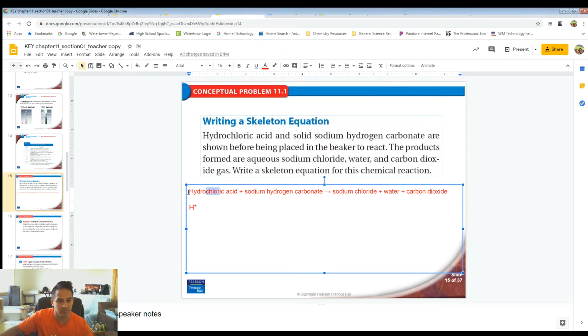So H plus bonded with Cl minus. That's hydrochloric acid. So this is going to be HCl. Positive 1 H, negative 1 Cl, 1 and 1, they bond together. So that's the first one.